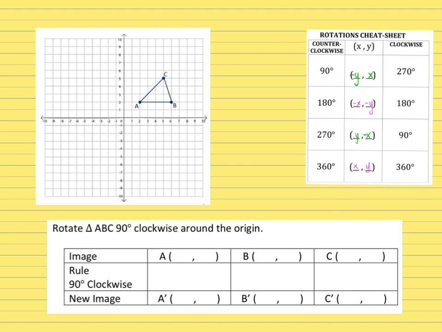So originally, this shape, point A, is 2, 2. Point B is 6, 2. And then point C is 5, 5.